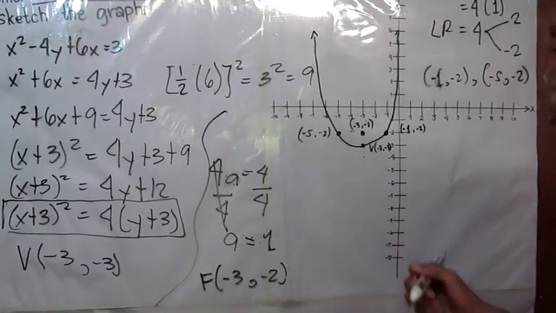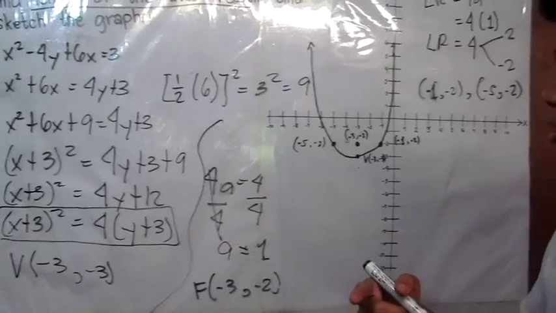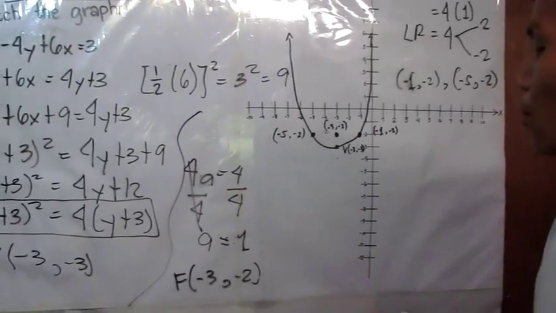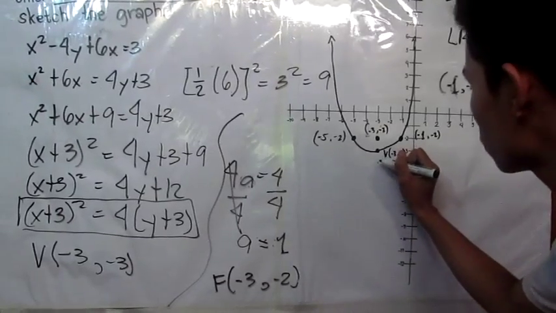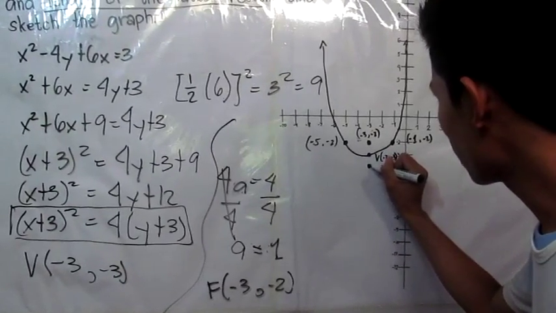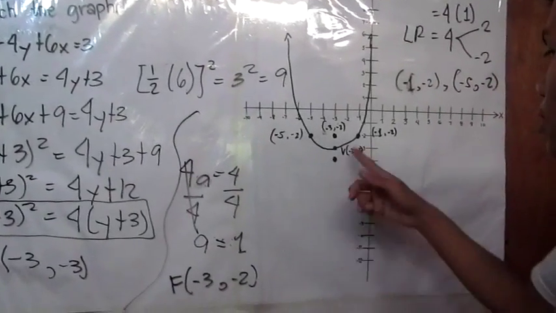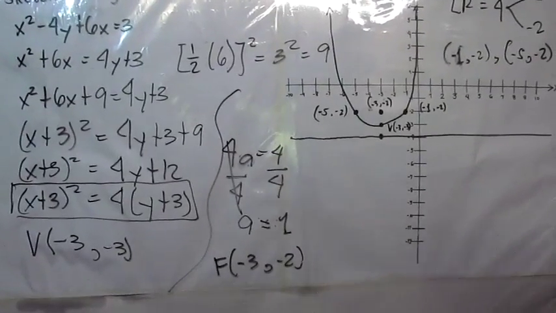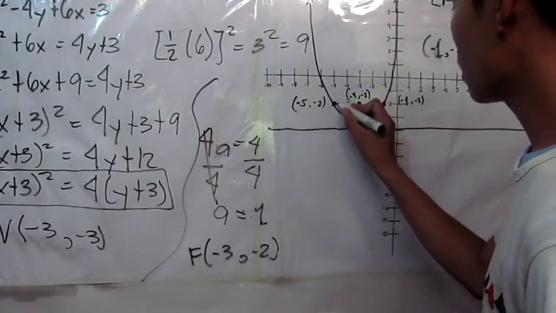Okay, and then our value of a is used to locate our directrix. Our directrix here, since a is 1, we're going to subtract 1. Okay, we have already here the directrix and then the latus rectum.